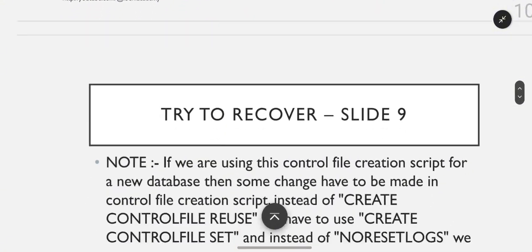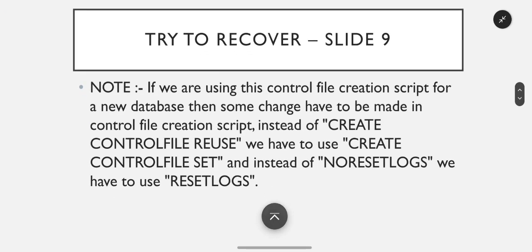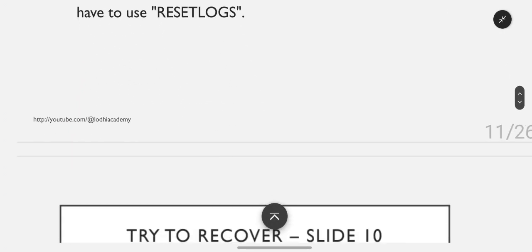Tablespace altered. Note, if we are using this control file creation script for a new database, then some changes have to be made in the script. Instead of CREATE CONTROLFILE REUSE, we have to use CREATE CONTROLFILE SET, and instead of NORESETLOGS, we have to use RESETLOGS.